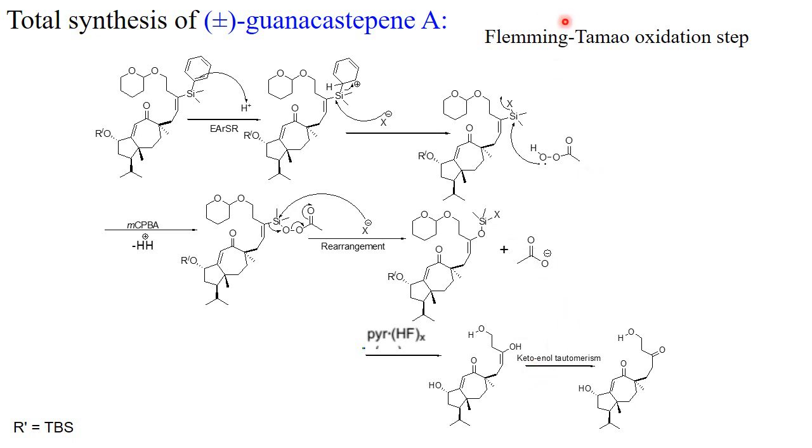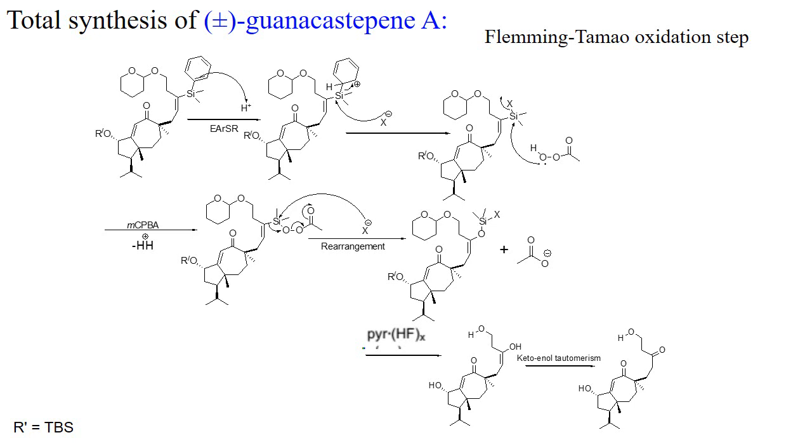This is the rearrangement step. The rearrangement starts upon the attack of X anion on the silicon atom. Then this bulky group moves from silicon to the oxygen of the peracid. This is the rearrangement step. Then we have this type of intermediate, and the acetate group is removed.